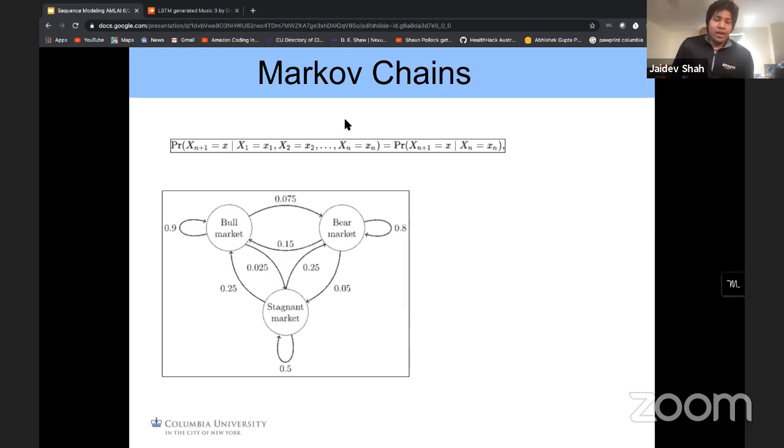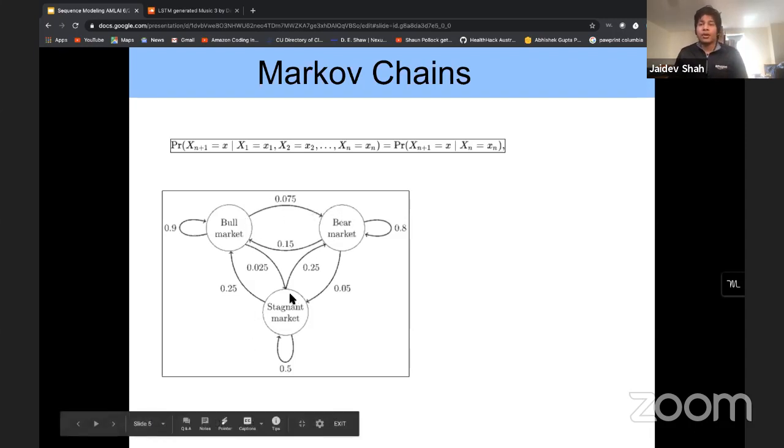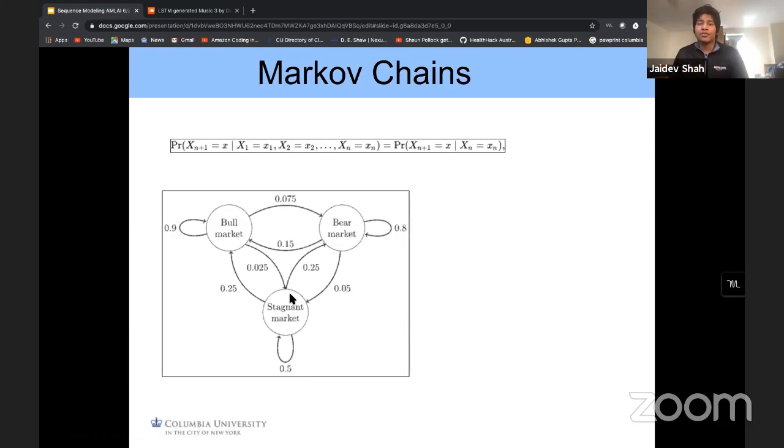What a Markov chain essentially encodes by definition is that to decide my next state, if I'm at the bull market, all I need is my current state. These transition probabilities will decide where I go next. None of my previous history will matter.